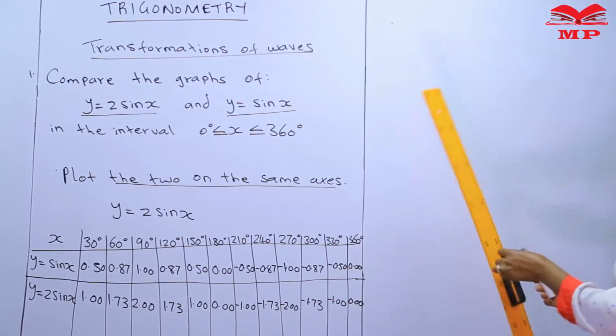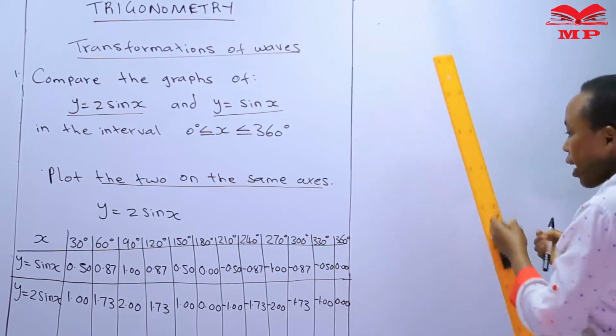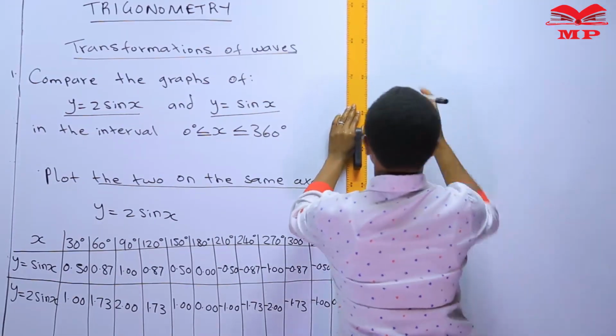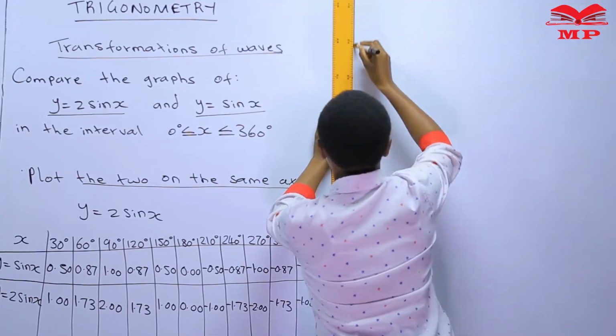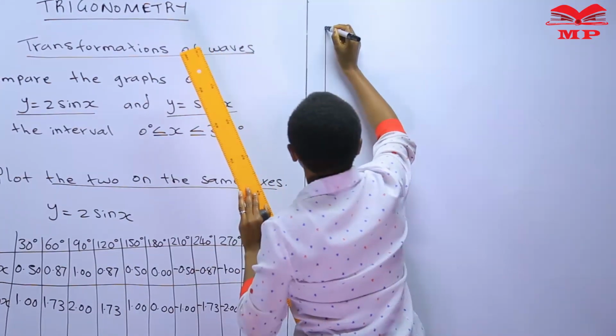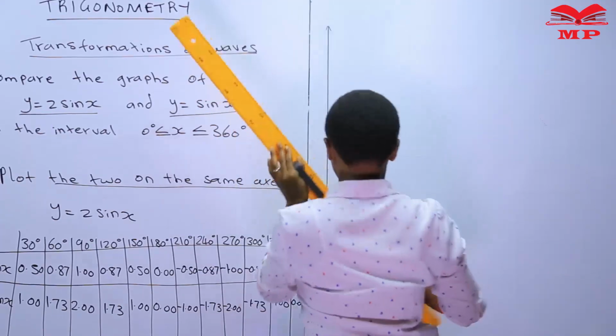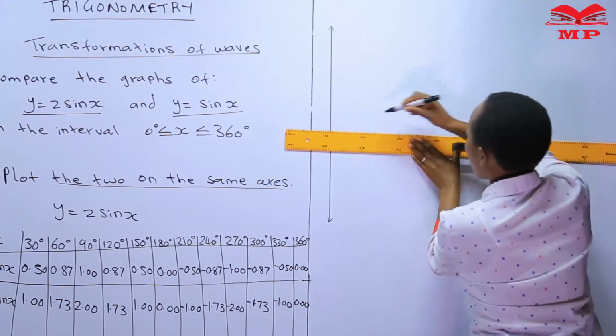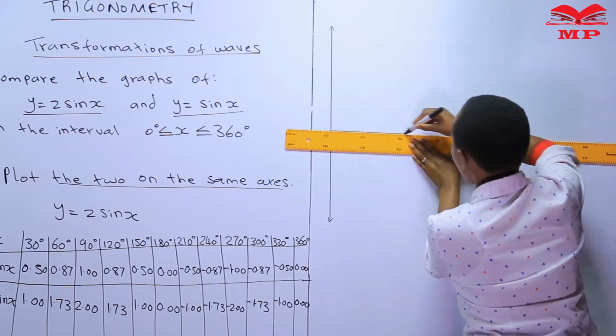So we are going to have the two axes. This is the y-axis, where we have the highest being 2. Then we have the x-axis, that's from 0 all the way to 360 degrees.